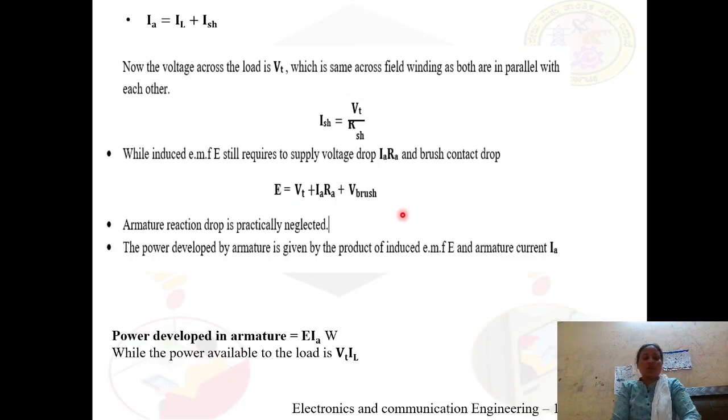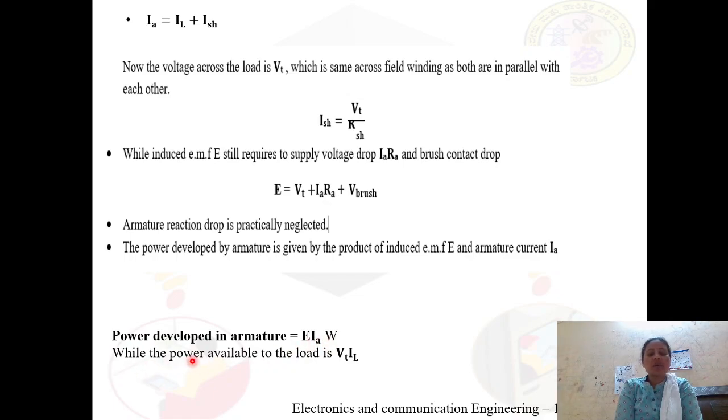Now, how can we express the power which is developed in the armature? We know power is equal to voltage into current. In the armature, the current flowing through the armature is Ia, and the voltage developed in the armature is nothing but the EMF. Therefore, the power developed in the armature is EMF into armature current Ia.